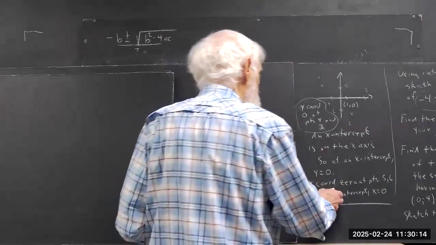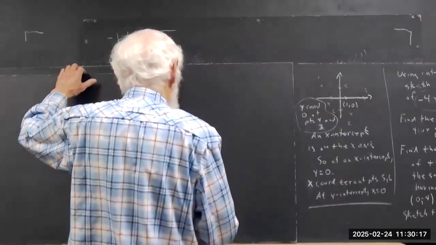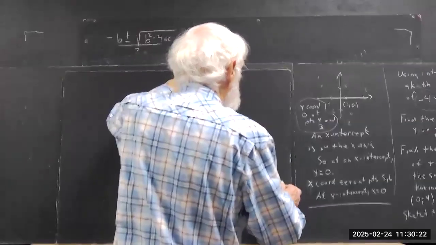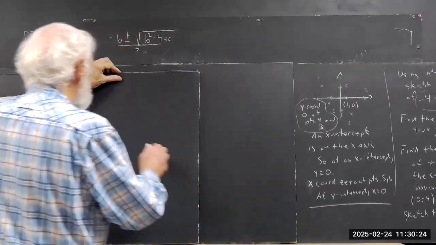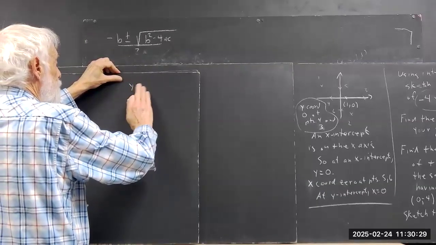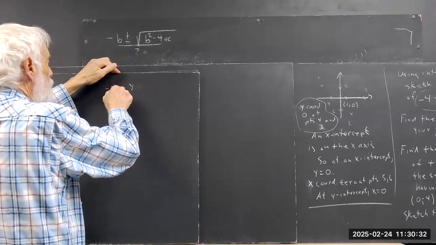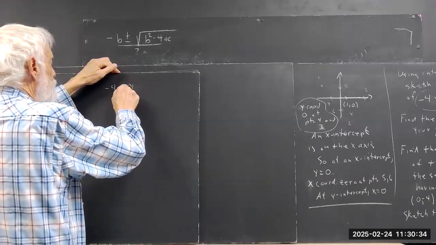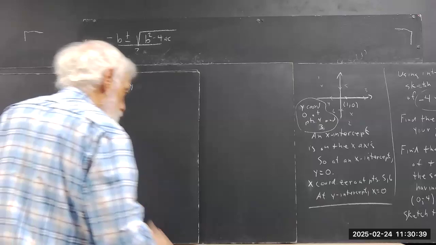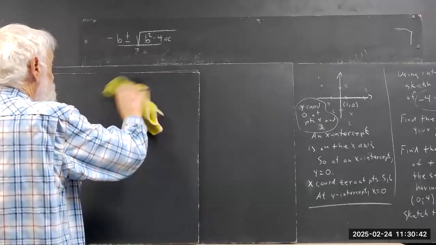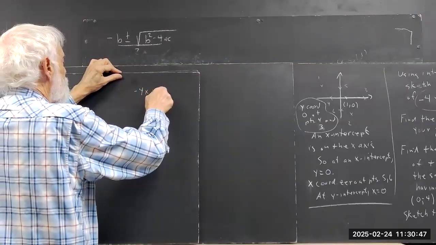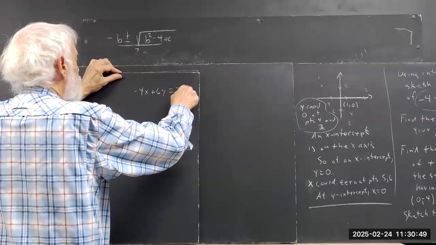So, anyhow, okay, we're trying to get these intercepts and so forth. So we've got the equation: negative 4x plus 6y equals 24.